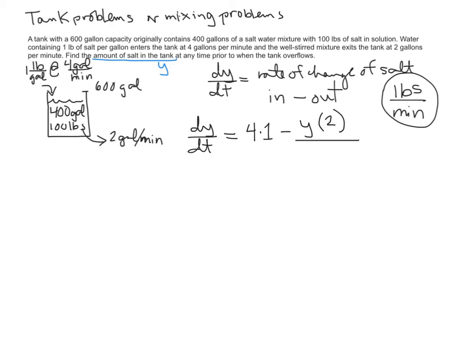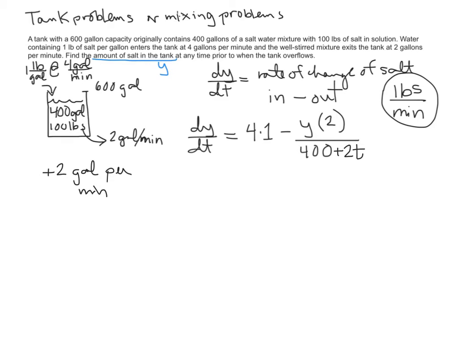Now, initially there's 400 gallons in the tank, but going into the tank is 4 gallons per minute, and coming out of the tank is 2 gallons per minute, and that means that this tank is adding 2 gallons per minute. Every minute, 2 gallons is being added since there's 4 coming in, 2 going out. So the volume in this is 400 plus 2 times whatever time value we're at. And that's how much salt water mixture would be in the tank at that time.